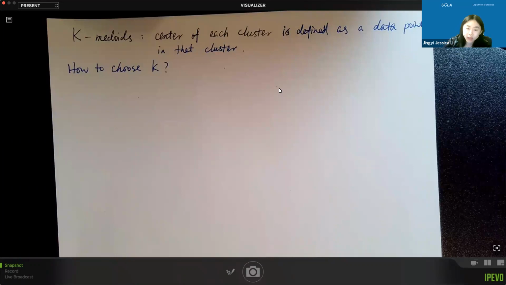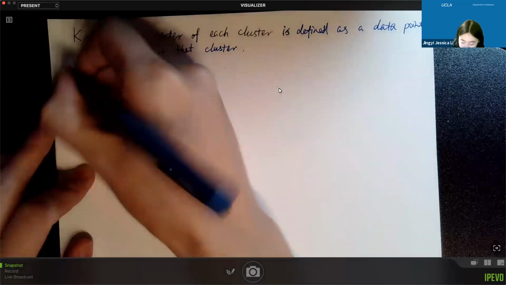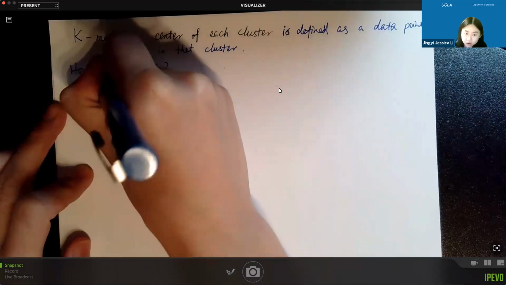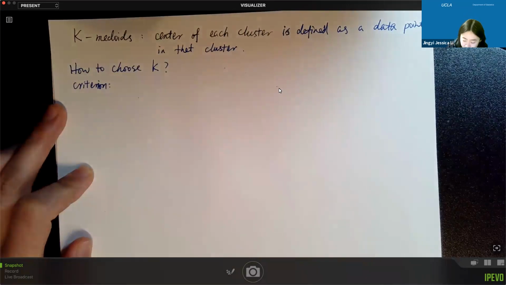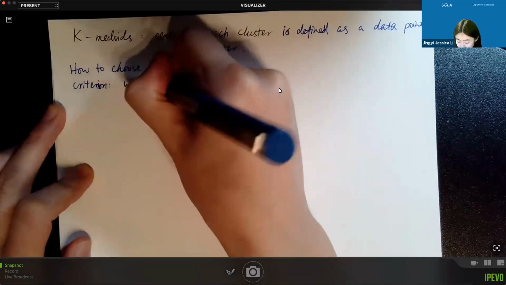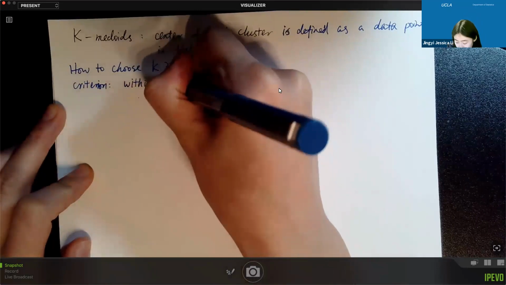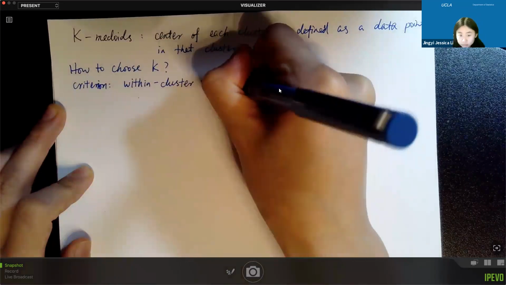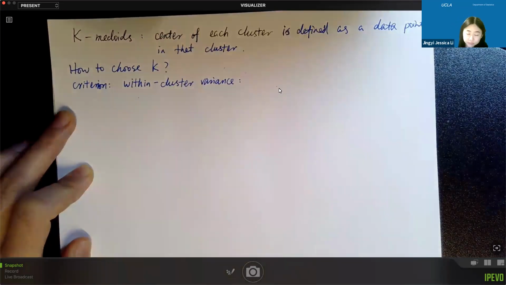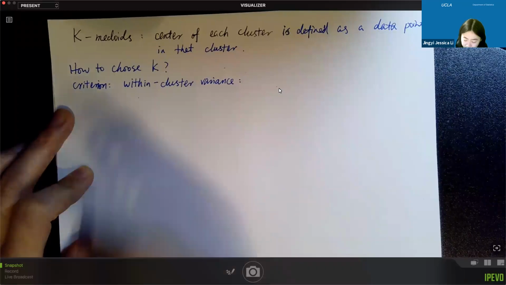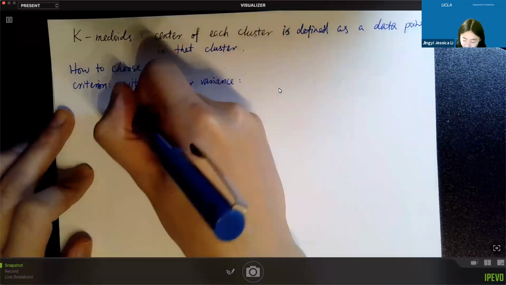Okay, so one common criterion is called within cluster variance. This is defined as WK, we call it.